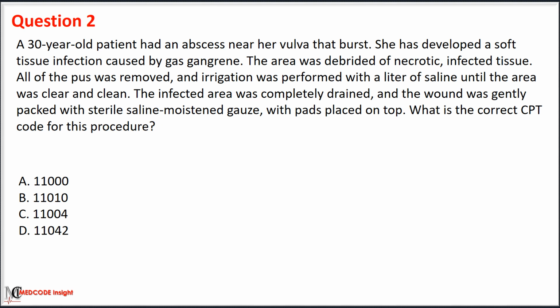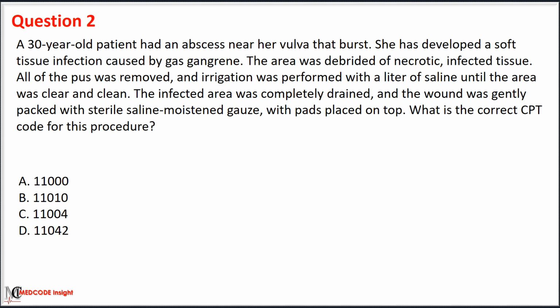A 30-year-old patient had an abscess near her vulvar area burst. She has developed a soft tissue infection caused by gas gangrene. The area was debrided of necrotic infected tissue. All of the pus was removed and irrigation was performed with a liter of saline until the area was clear and clean.